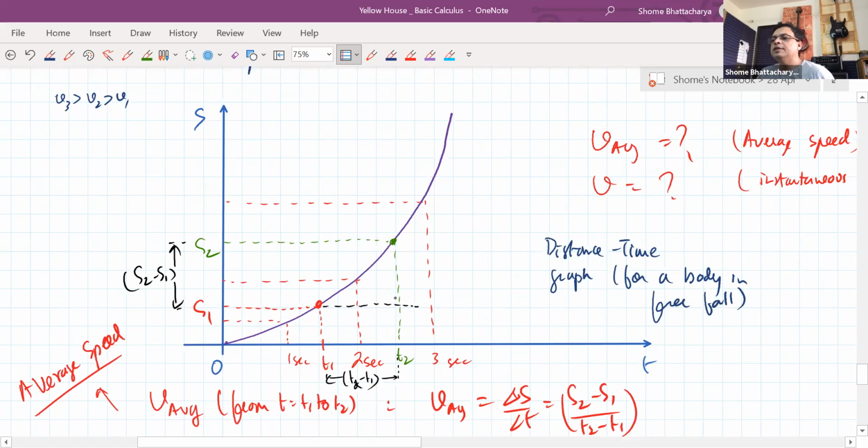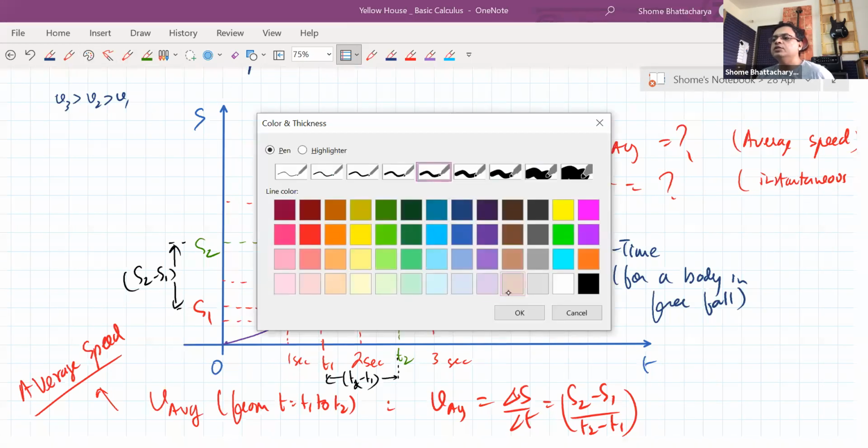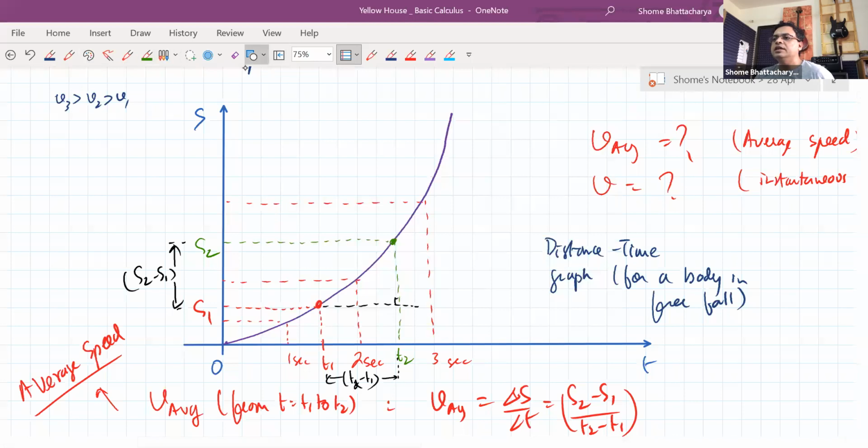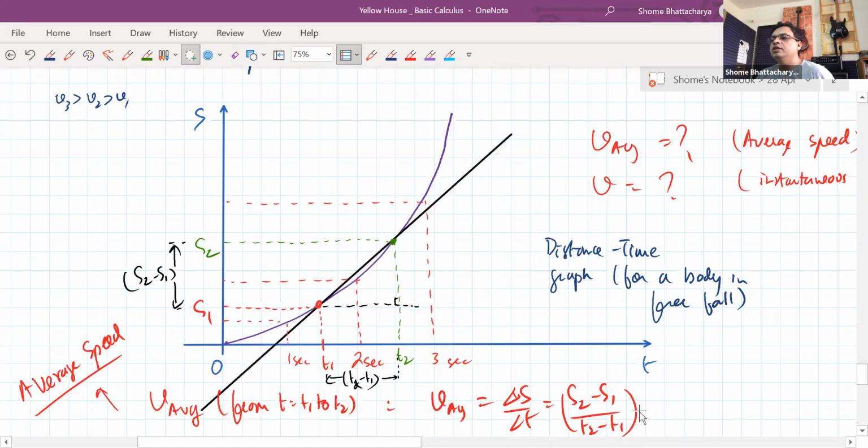Coming back to the graph, if I join these 2 points with a straight line, what kind of a straight line is that called? That is called a secant line. This line is nothing but the secant line drawn between the 2 instants of time T1 and T2. So what is this quantity, S2 minus S1 upon T2 minus T1?